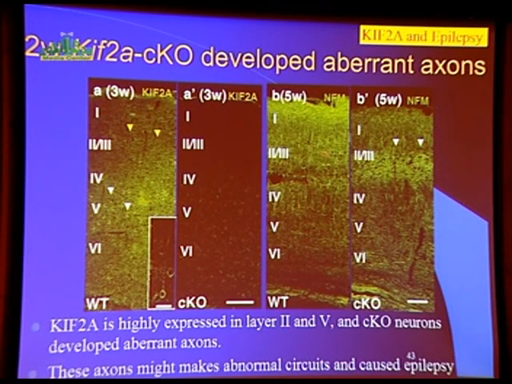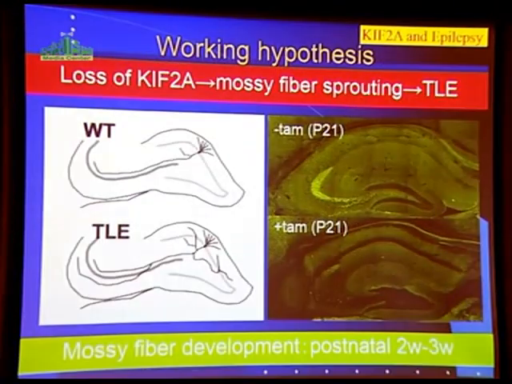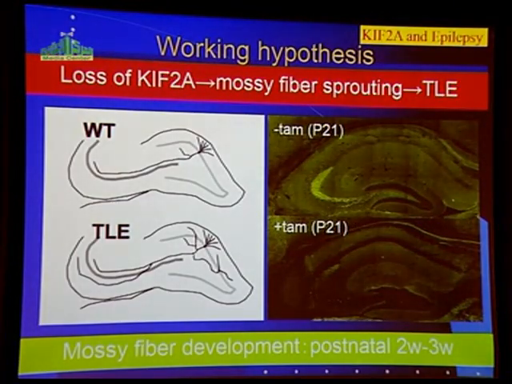As you can see, comparing with the wild type and conditional knockout, there are aberrant axonal network here in this region, very abnormal. So we thought aberrant mossy fiber sprouting occurs and form recurrent network here, as shown here.